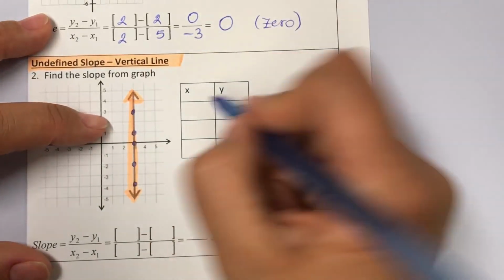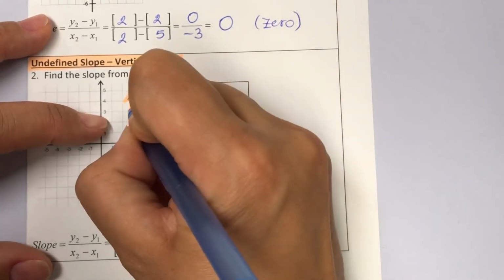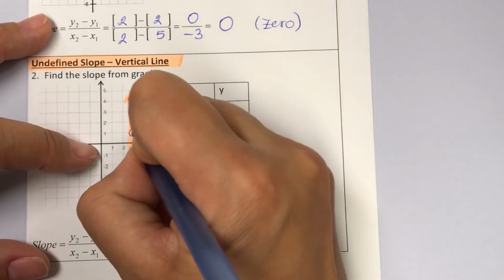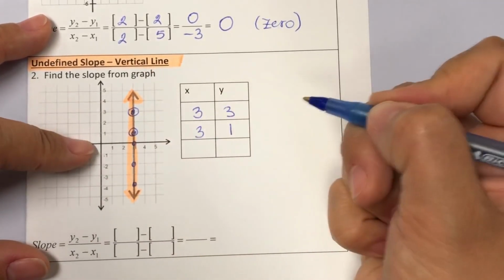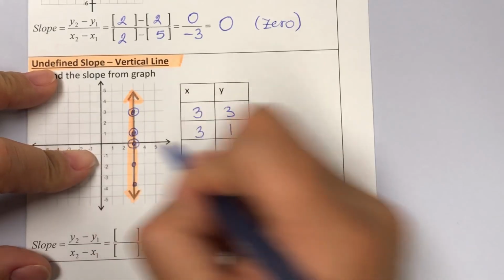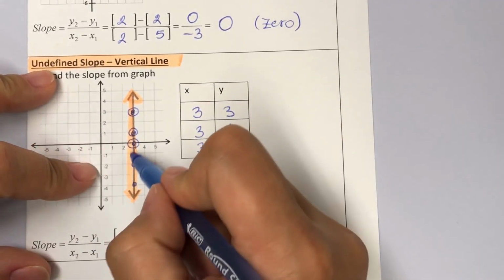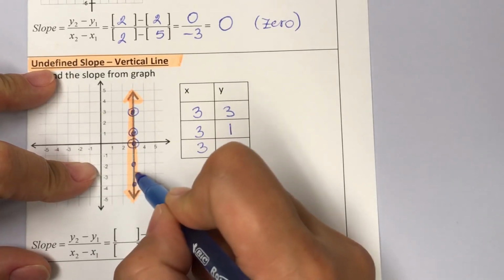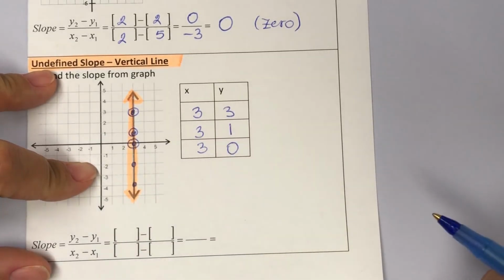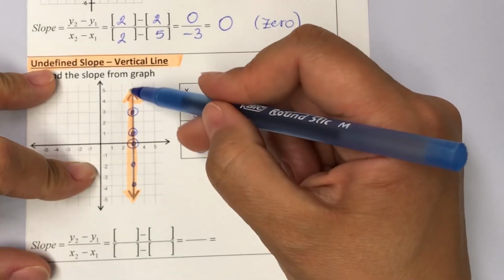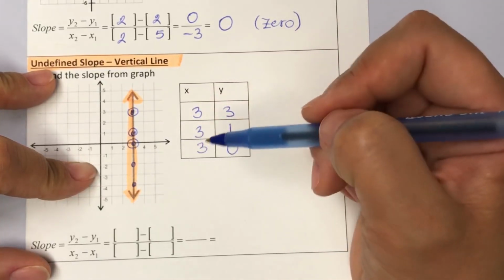I have 3, 3, let's say I want this one, or maybe 3, 1, or maybe 3, 0. Or maybe you want 3, negative 2, or 3, negative 3, or 3, negative 4, doesn't matter, as long as all those points belong to the line.